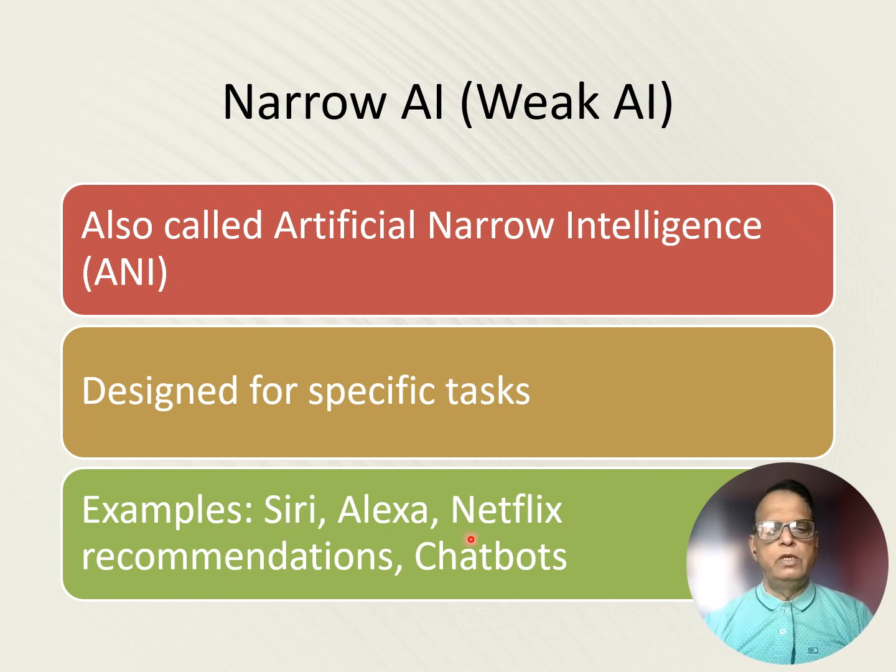When we use YouTube or Netflix recommendations, or different chatbots for conversations, these are also examples of narrow AI. So most of the AI that we actually use in our daily lives is nothing but narrow AI.